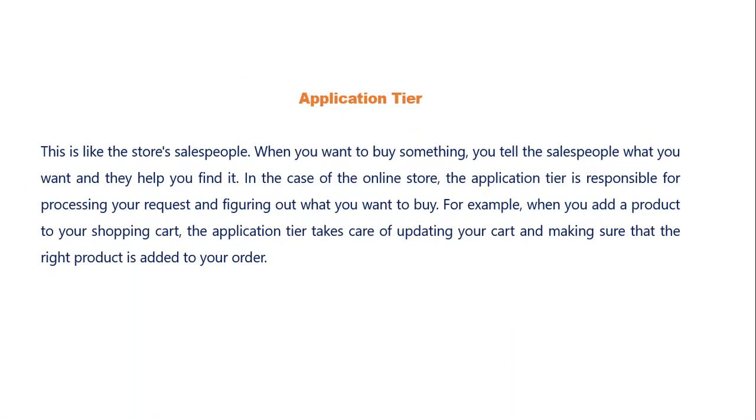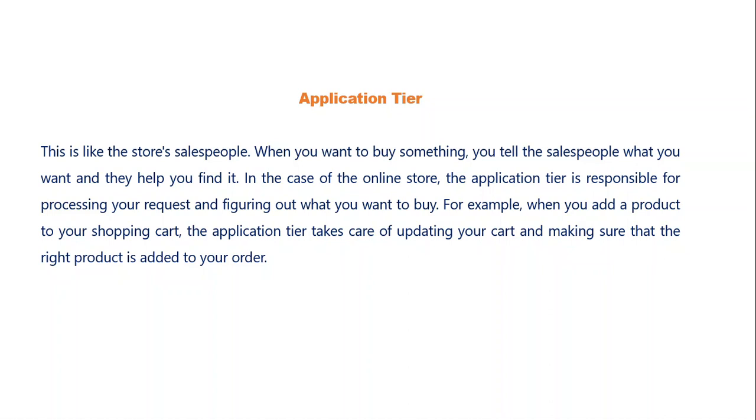Now what happens at the application tier? Using the same online store, I want you to see the application tier as the store's salesperson. So when you want to buy something, you tell the salesperson what you want to buy and they will help you to find it. So in the case of the online store, the application tier is actually responsible for processing your request and then figuring out what you want to buy.